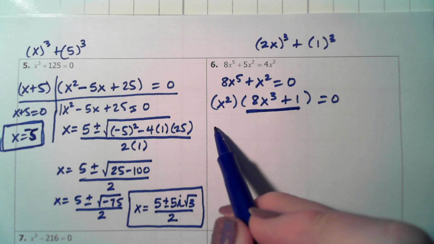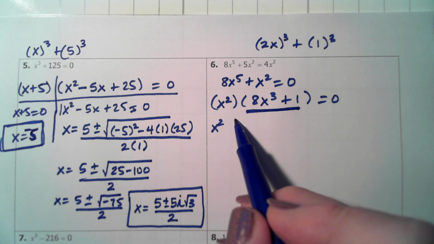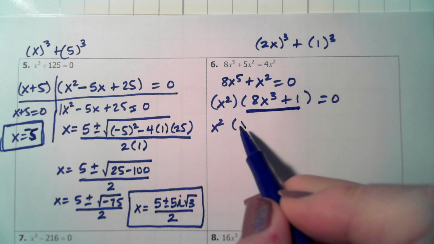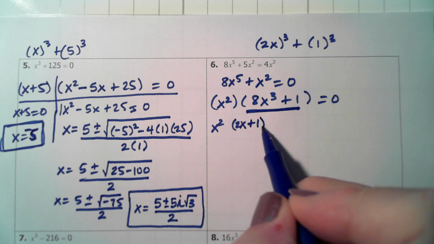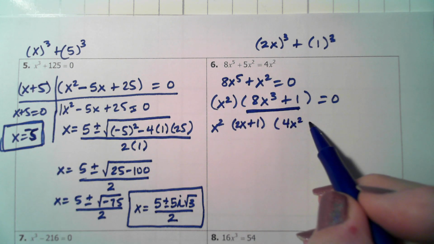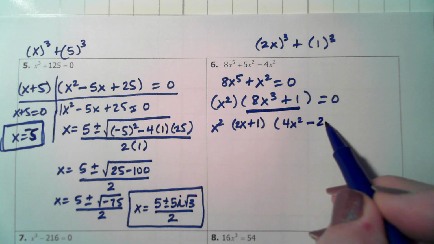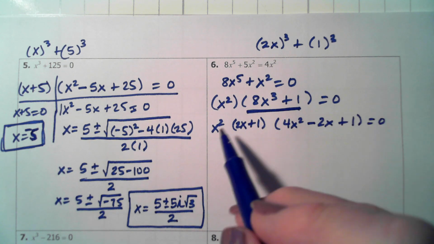So we're going to factor once more to x squared times 2x plus 1, just what we saw there. And then we have the first one squared, 4x squared, minus their product, which is 2x, plus the last one squared, and all of that equals 0.